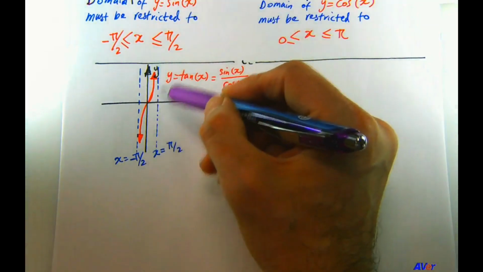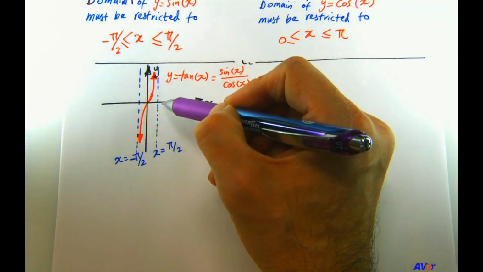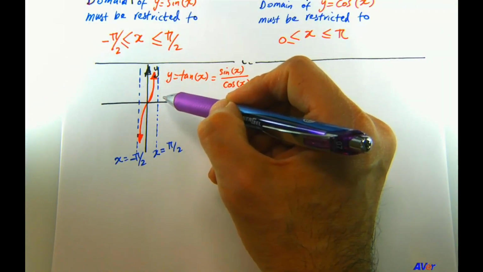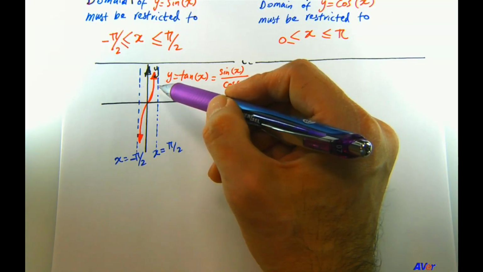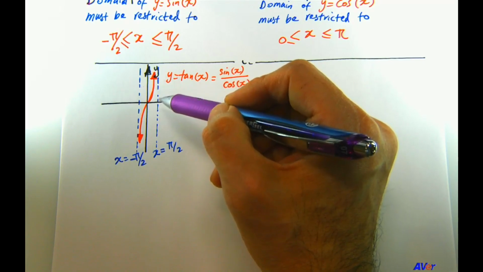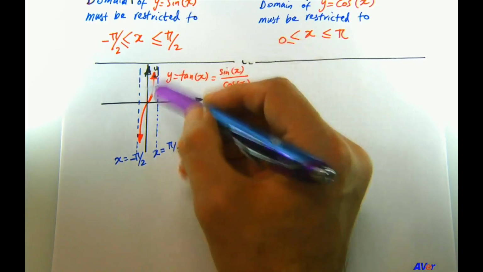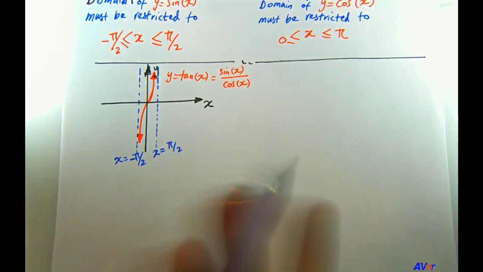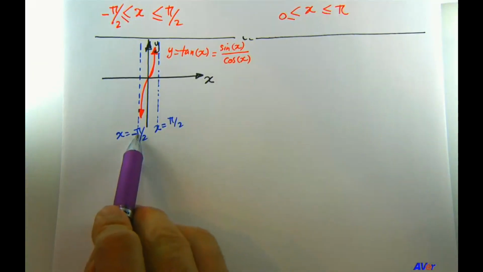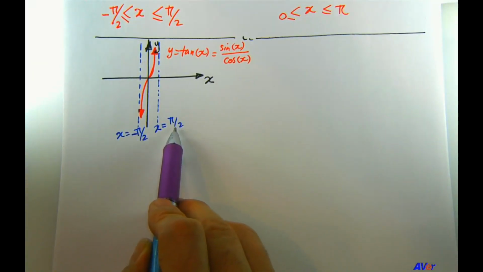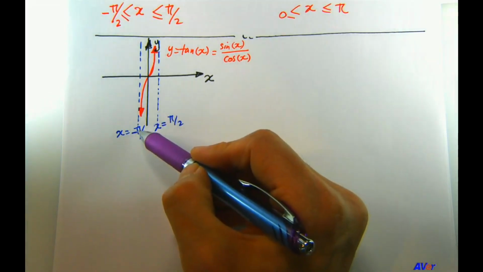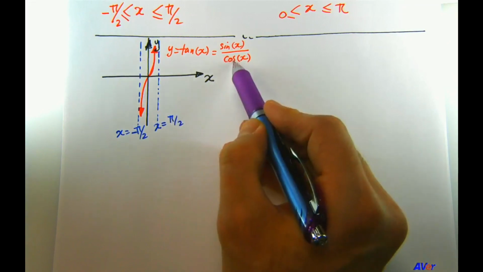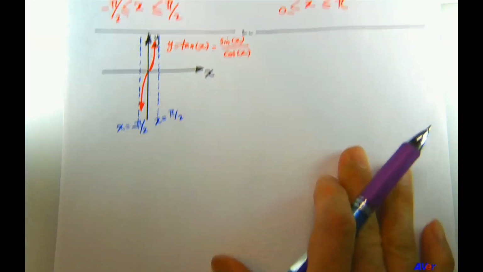So that's all we need, because if you draw more, once again, the horizontal line will intersect the other ones as well as this one, and it will fail the horizontal line test. The tangent function will fail the horizontal line test. So just this one, we need to restrict our domain to just minus pi over 2 to pi over 2, and we'll be fine. Remembering that x cannot be negative pi over 2 or pi over 2, or we'll have an undefined tangent function.